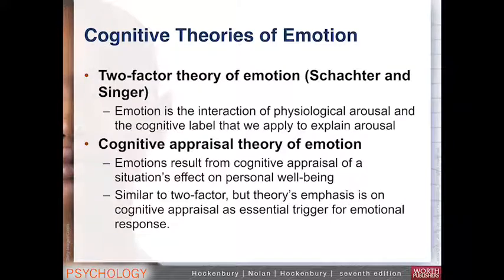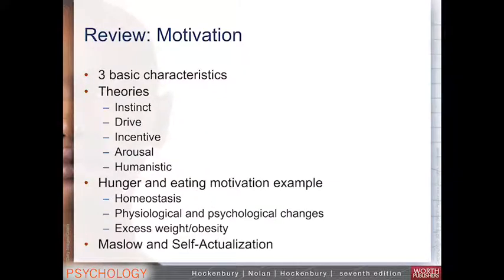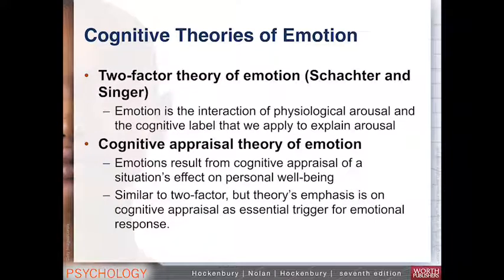Now, there are two other theories here where, again, the contradiction is the order in which things are experienced, as well as at what point you experience the actual subjective feeling of emotion, in this case, fear. So this is the Schachter and Singer theory, where it's the interaction between the physiological arousal and the cognitive label that we apply to it that explains our arousal.